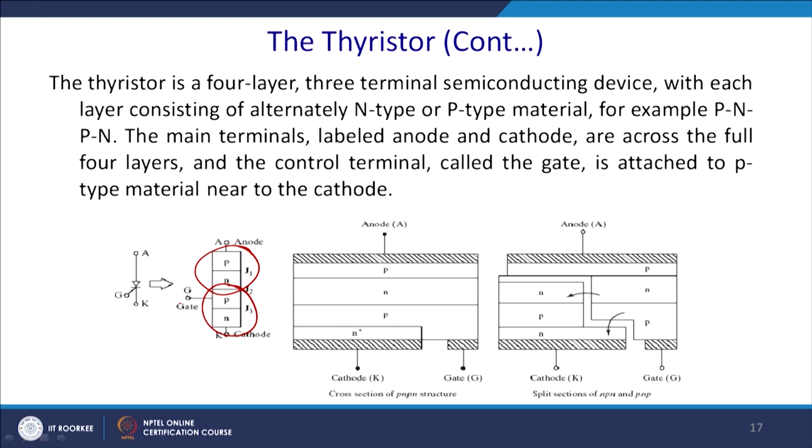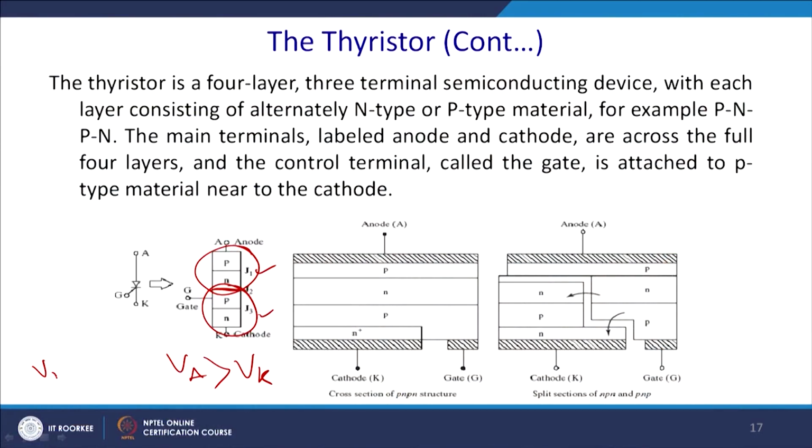When you apply a voltage, let us say VA is greater than VK, the cathode voltage, then junction J2 is automatically reverse biased, and junctions J1 and J3 are forward biased, and that gives the feature of forward blocking capability. So, this device is normally off.